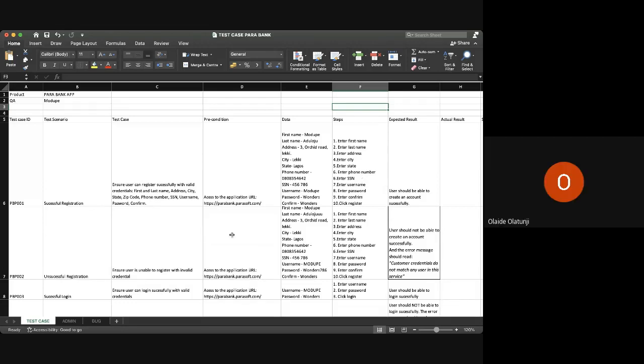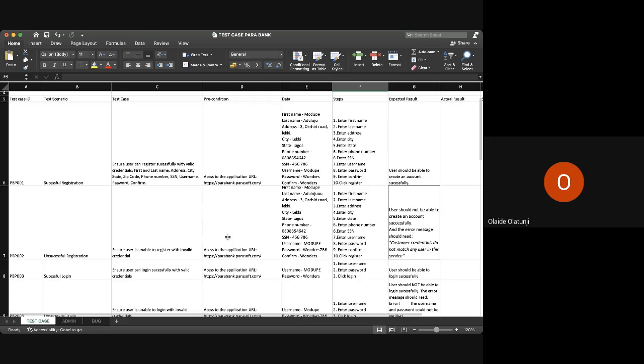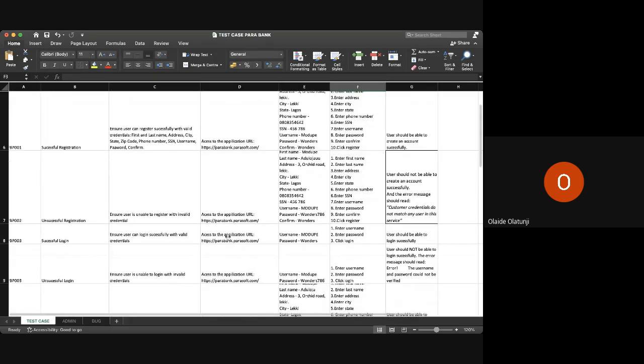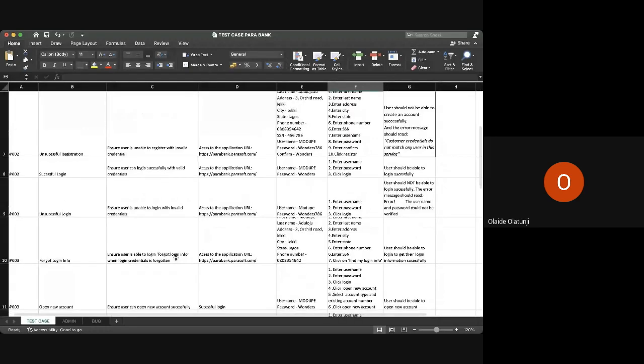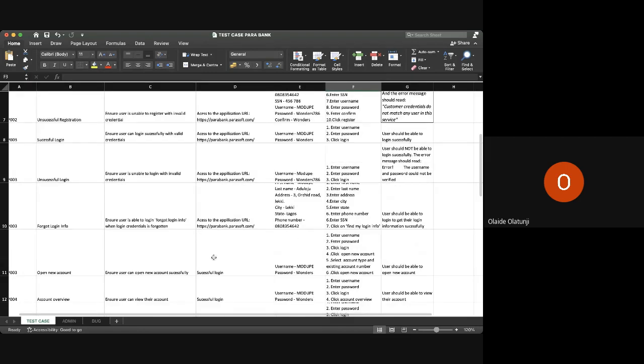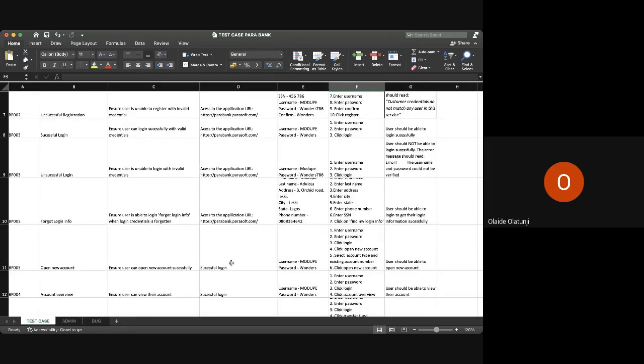Open your account, yes. Account overview.